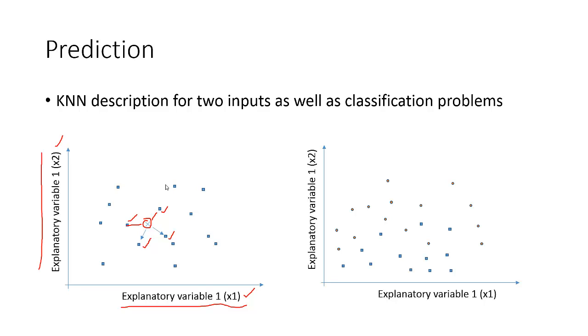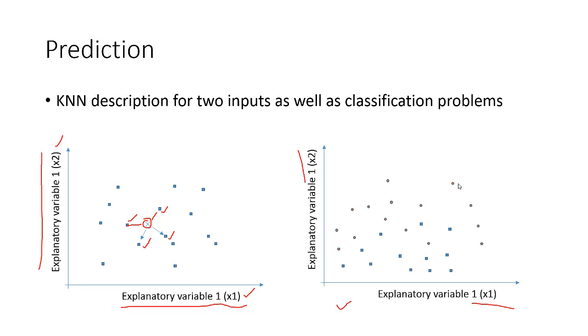So I've taken an example here on the right hand side where x1 and x2 are two input variables, and your output variable is a categorical variable with two classes. So think of it as male or female, or buyer, non-buyer in a marketing context, defective product, not defective product in a manufacturing context.